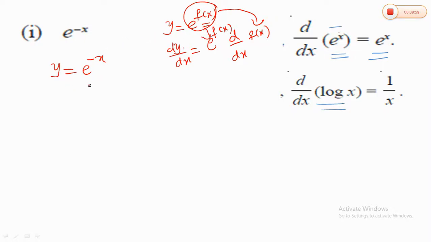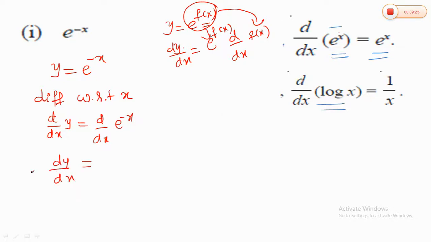Yes. So observe here. Now differentiate with respect to x. dy by dx of e raised to minus x, that is e raised to f(x). Derivative of e raised to x is e raised to x, that is e raised to minus x.